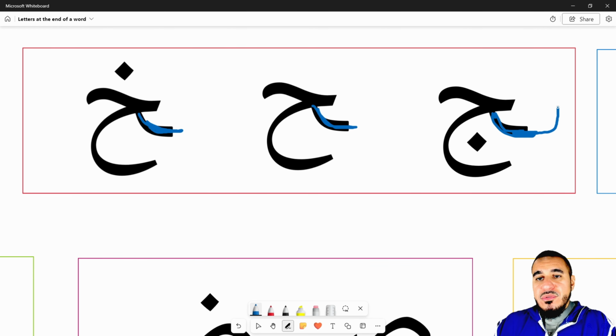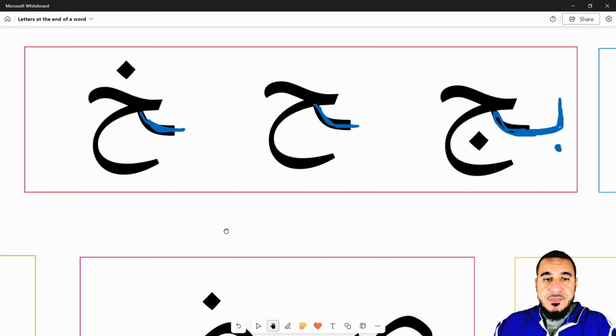So for example, if we had a ba, then it would connect to the jim like that. And then the jim would be in this particular form because it's the last letter in the word. And the same for the ha, and the same for the kha. This is how these three letters look when they are the last letter of a word.